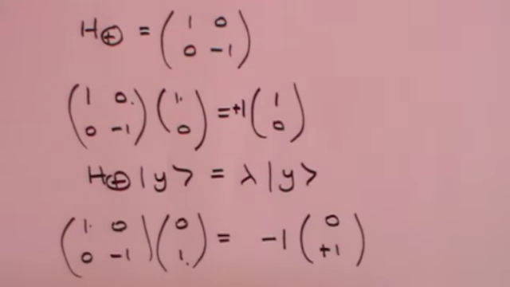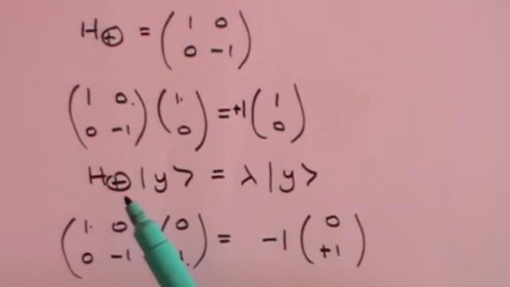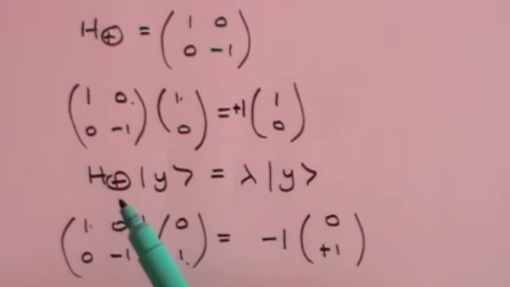So if you like, H is the observable, and the only observable is this photon, or is this beam of light polarized vertically, or is it polarized horizontally? The states for horizontal and vertical polarization are given like this, and the result of the experiment, is it horizontal or is it vertical, are given by the eigenvalues +1 or -1.